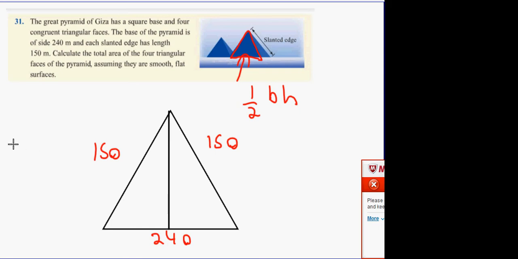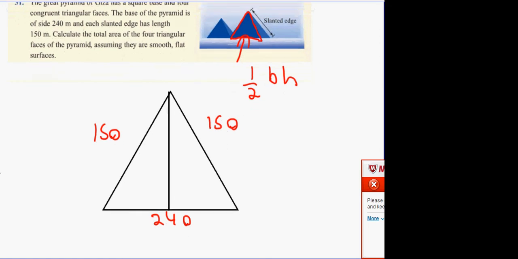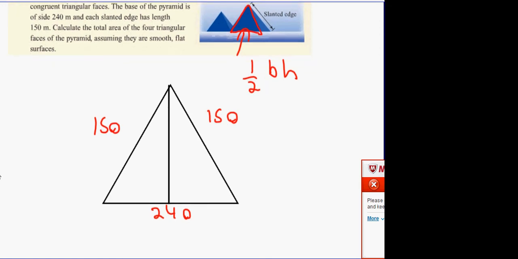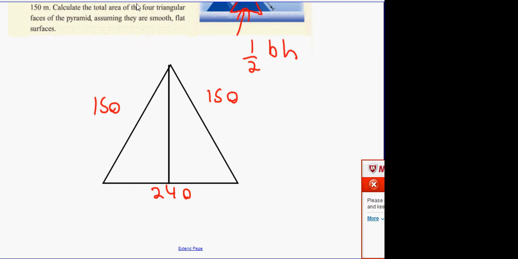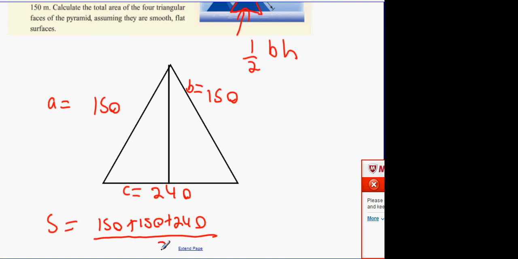In fact, we might try both ways to show that it turns out the same. So S equals, let A be 150, B be 150, C be 240. So 150 plus 150 plus 240, divided by 2. What you should get there is 270.